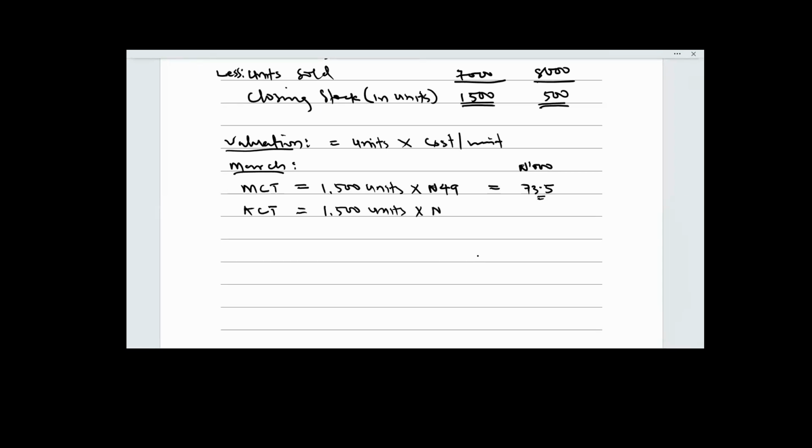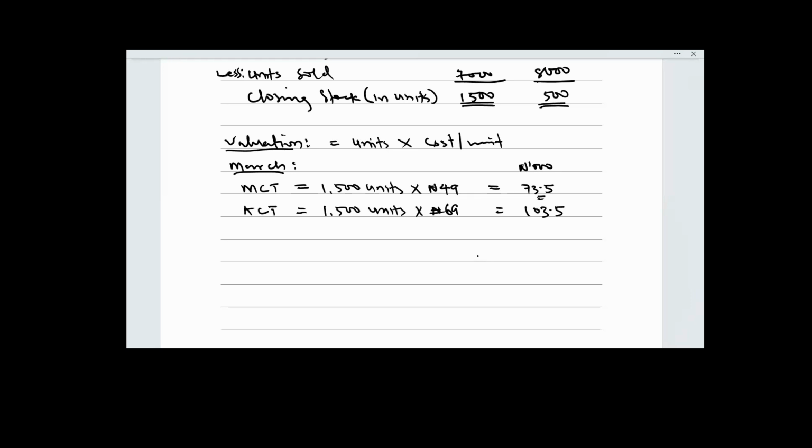Multiply by, what is the total? Remember, when you are using absorption costing technique, opening and closing stocks are valued at total cost per unit. So total cost per unit is what? 69 naira. So 69 multiplied by 1,500. What do you get? 103.5.